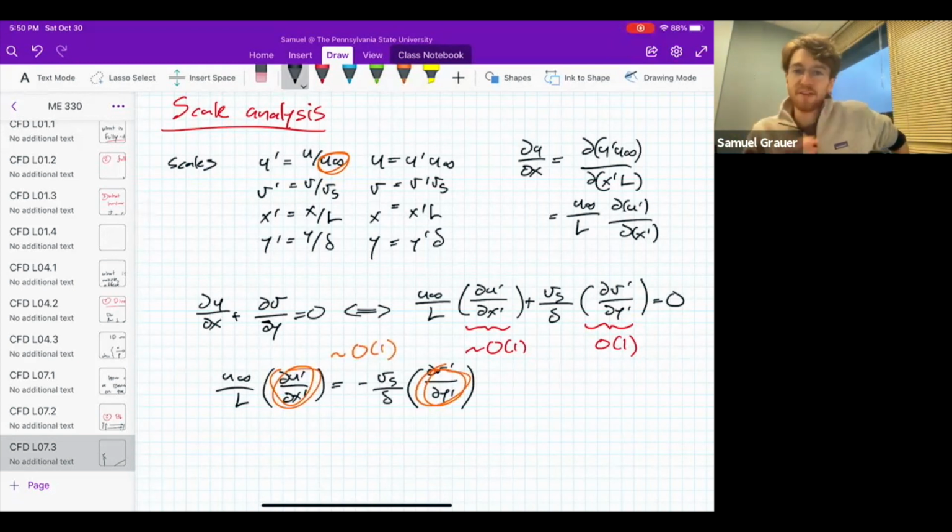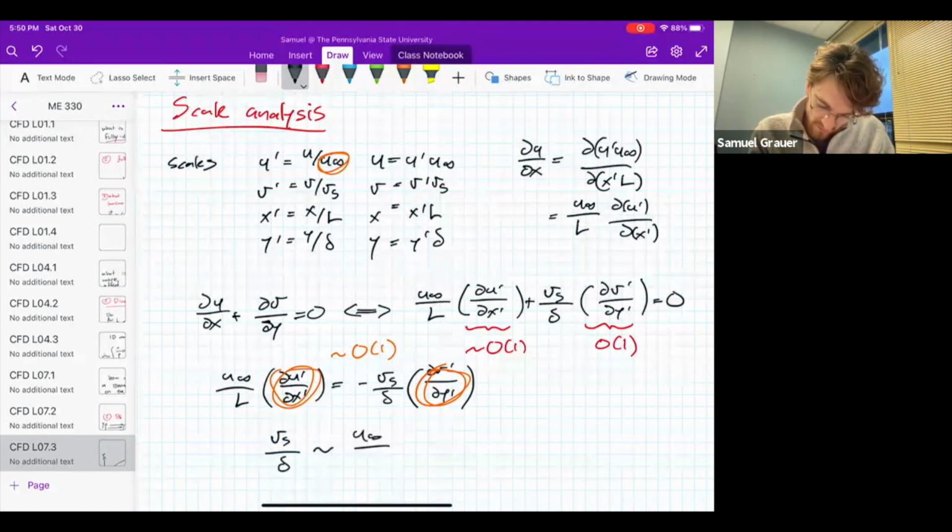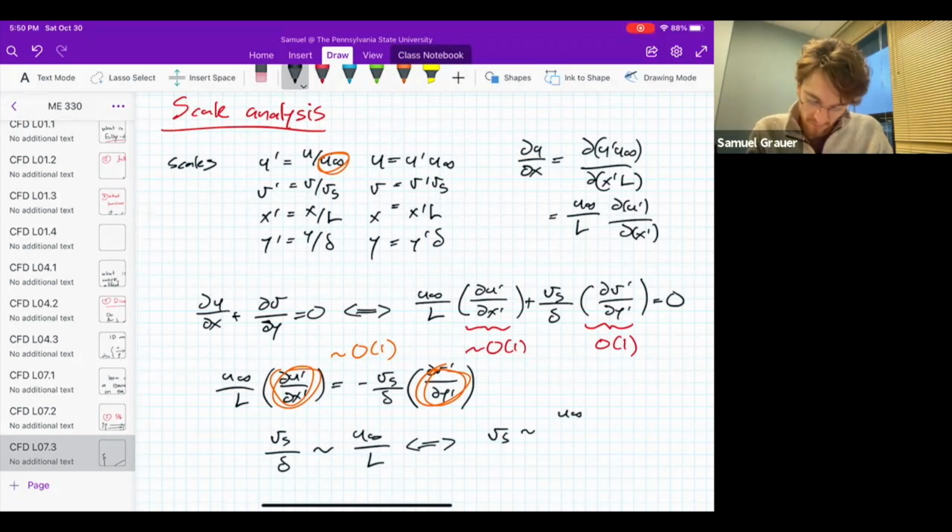So any difference between those values and 1 on the whole left and right-hand side of the equation is going to be from these constants. So we can say that the velocity in the y direction over delta is on the order of u infinity over L. And of course, we can multiply both sides by delta. So we get that the velocity is going to be of the order of u infinity delta over L.